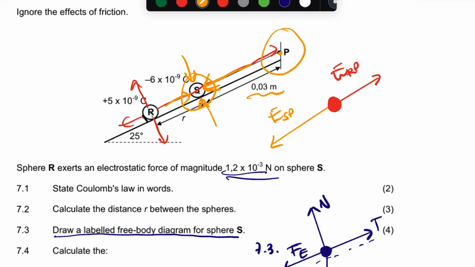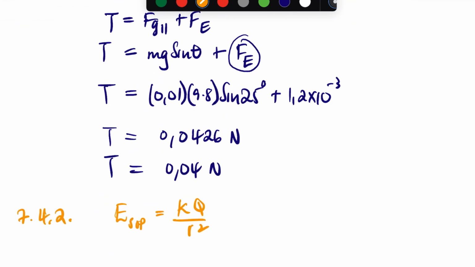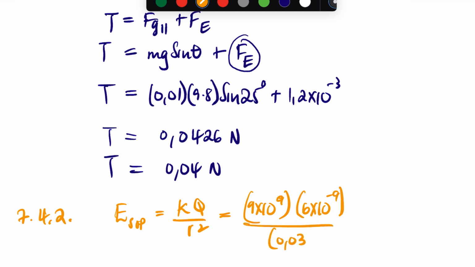The charge is 6 nanocoulomb, so it's going to be 9 times 10 to the power 9, times 6 times 10 to the power negative 9, divided by 0.03 squared. The answer is 6 times 10 to the power 4.